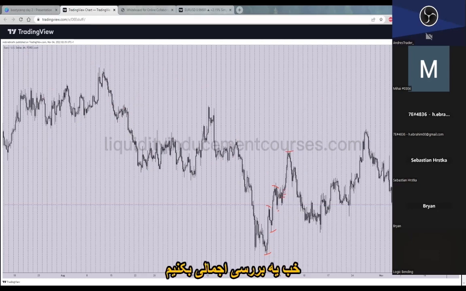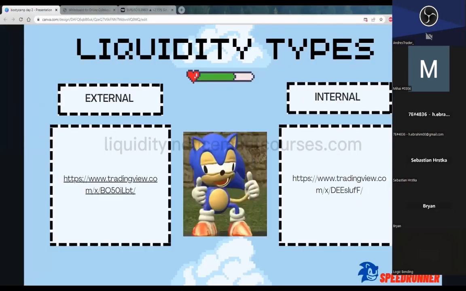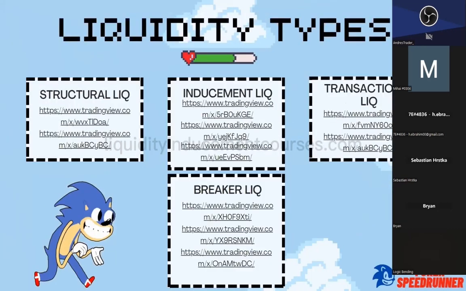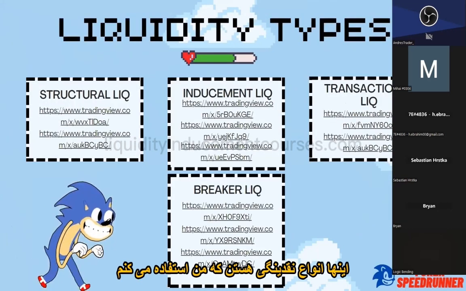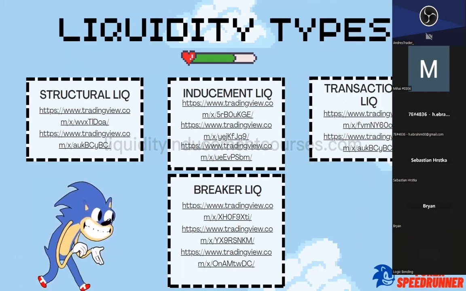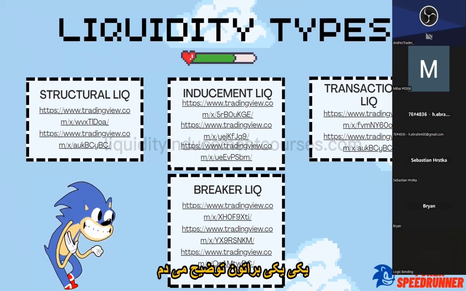So that's just a quick showcase. And you can get to the next one, to the main event. Those are all the liquidity types that I use, and I'll explain each one for you.